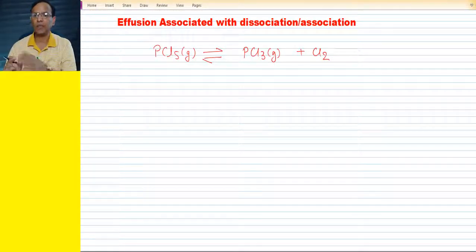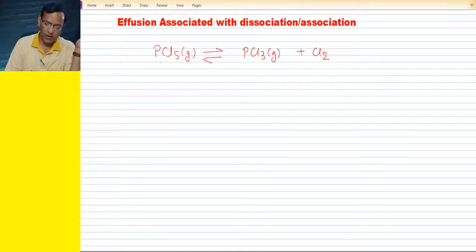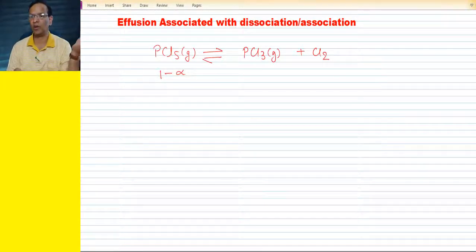To account for this dissociation or association during effusion, the first step we need to do is to find out the average molar mass of the mixture in terms of degree of dissociation. So if alpha is the degree of dissociation of PCl5, we know that moles of reactant decomposed out of its 1 mole is alpha. So out of 1 mole, alpha mole will be dissociated.